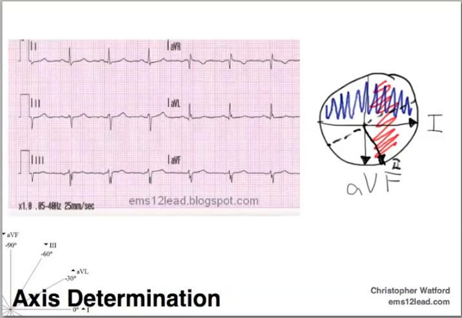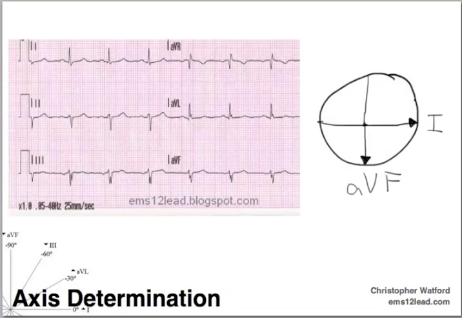Lead 2 is clearly negative, so we know that it must be on this side over here. So where's our convergence? Our convergence happens to be in this region here, where all 3 of them come together, and this is pathologic left axis deviation. If it was positive in 2, it would be a physiologic left axis deviation.